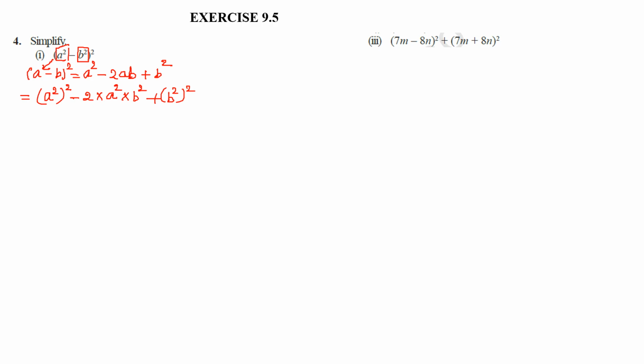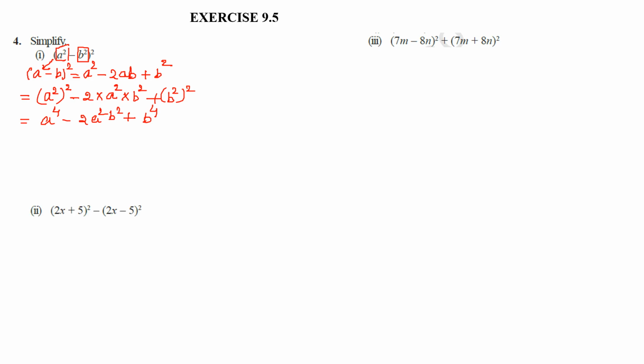That's why when I have to write a square, it is (a square) whole square. Same way b square is (b square) whole square. Now (a square) whole square will give me a to the power 4 minus 2 times a square b square plus b raised to the power 4. So this is the answer.